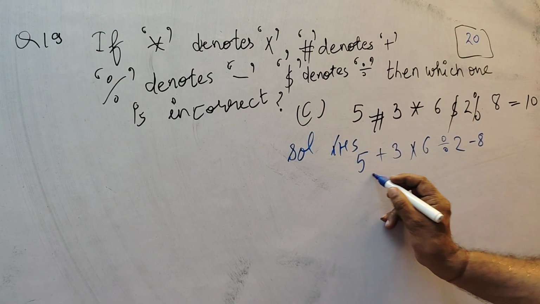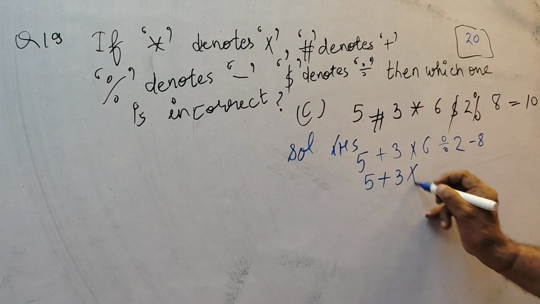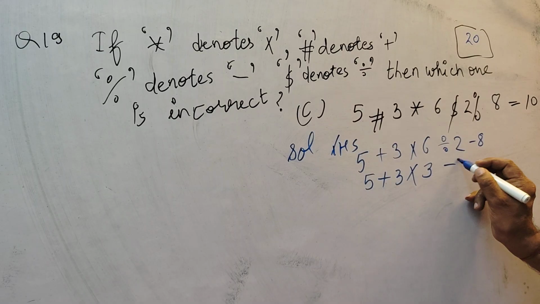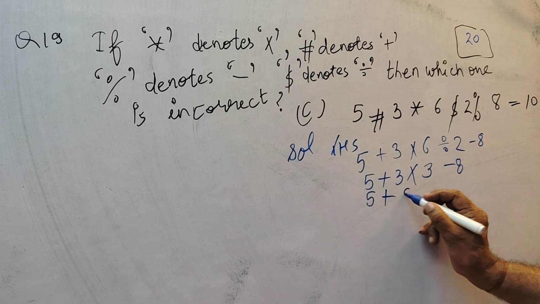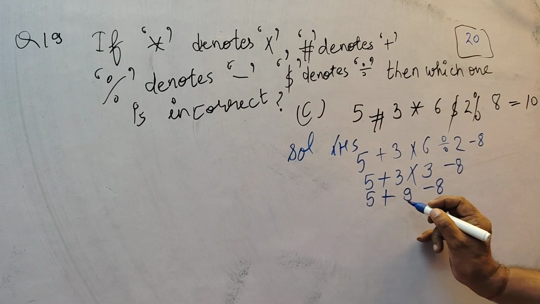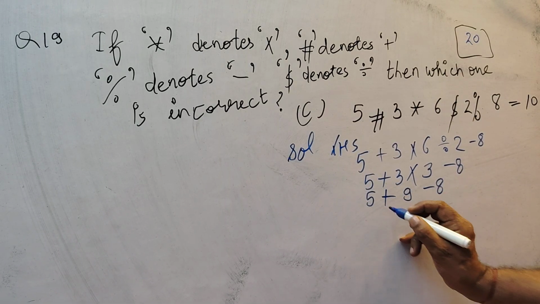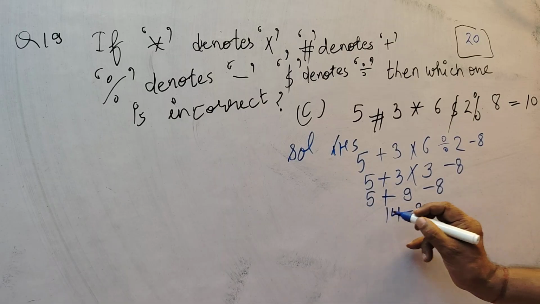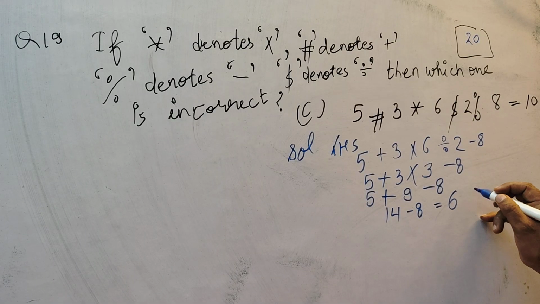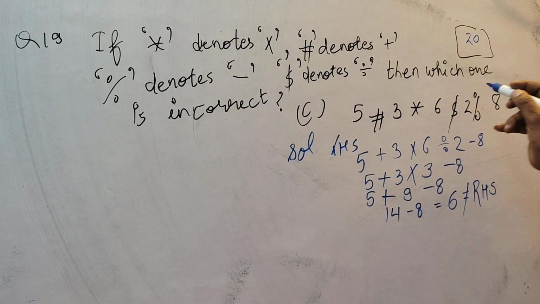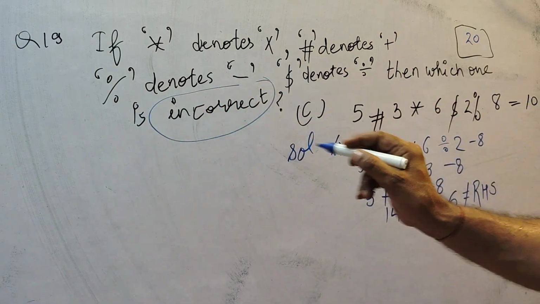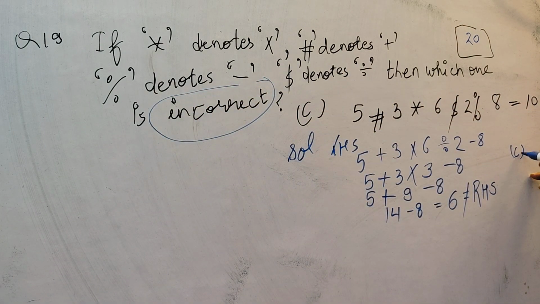Now divide first. 6 divide 2 gives us 3. Now multiply first. 3 multiply 3 is 9. Now 5 plus 9 is 14. Now 14 minus 8 is 6. That is not equal to 10. That is not equal to right hand side. So this is the incorrect option the question is asking for. So option C is incorrect. Answer is option C.